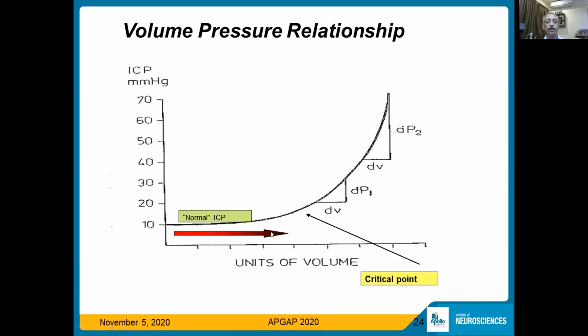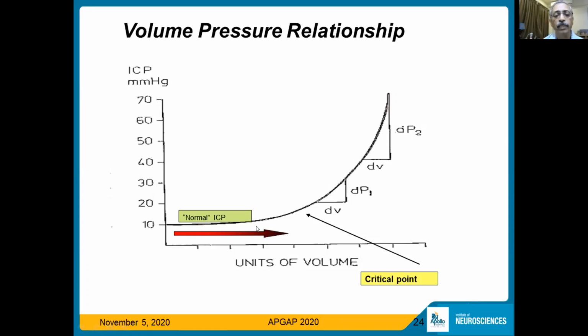Now, assume that all our patients with tumors or head injury are in this portion of the curve. Though the patients are fully aware and conscious, though they are coming for tumor surgery, we assume that these patients are in this portion of the curve.